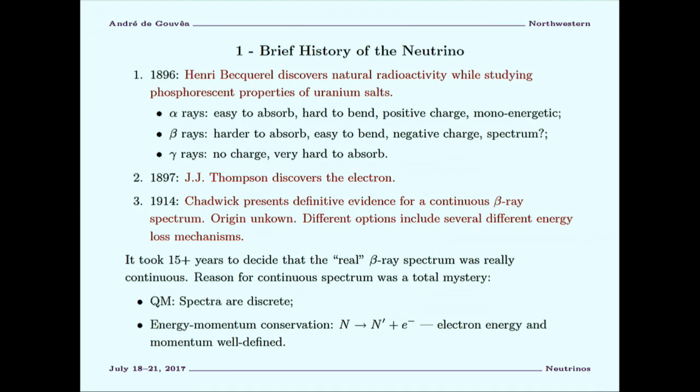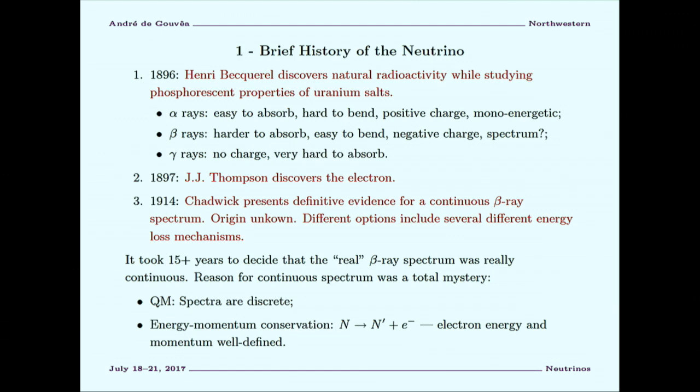If you read the histories associated to that, this is a very, very confusing time in our understanding of radiation. And you probably know a lot about beta radiation, and you know that the end result of the discussion is that the spectrum of the radiation that comes out is continuous. So a beta decay happens, you get this beta ray, which now we know is an electron, and that electron has a continuum of energies.